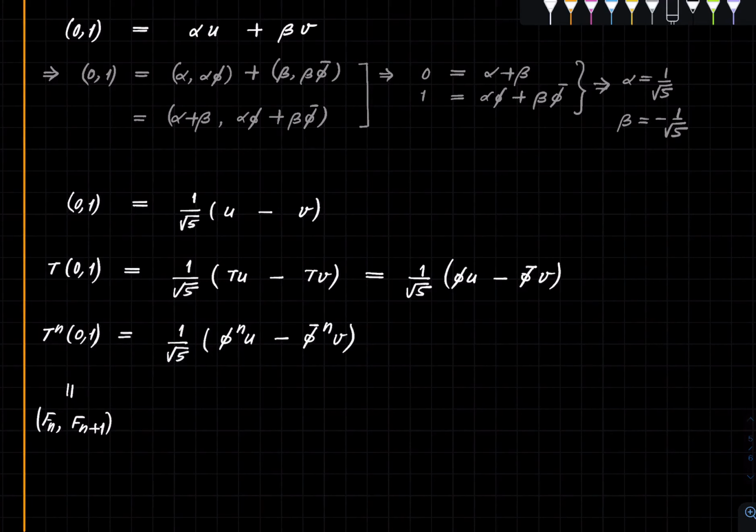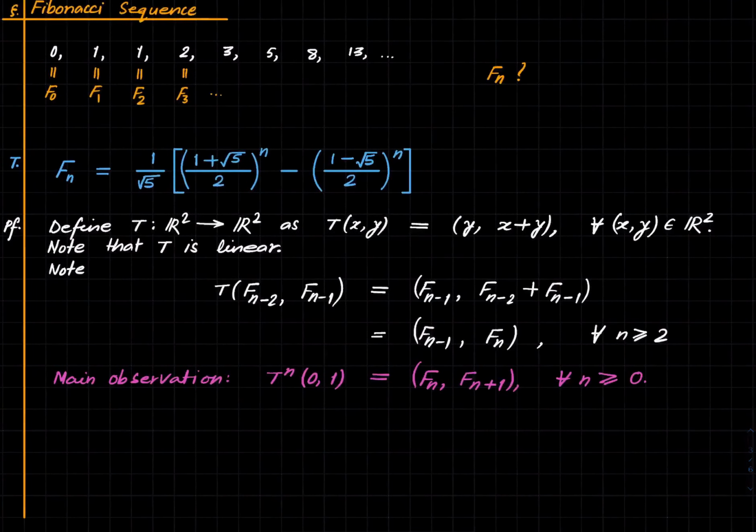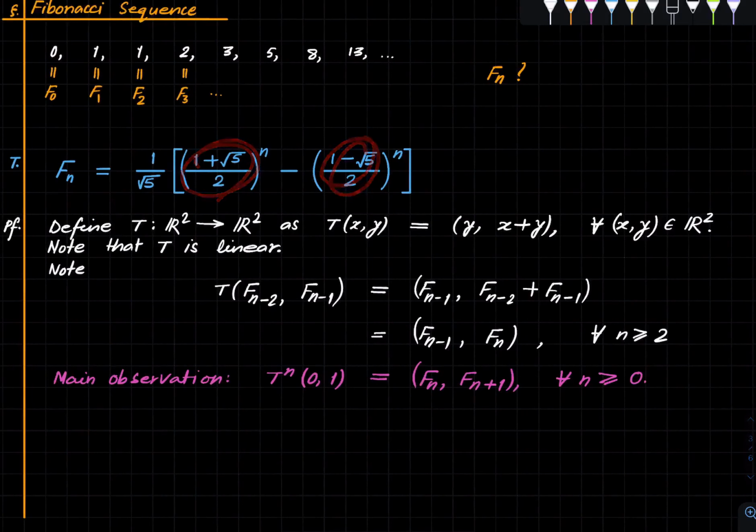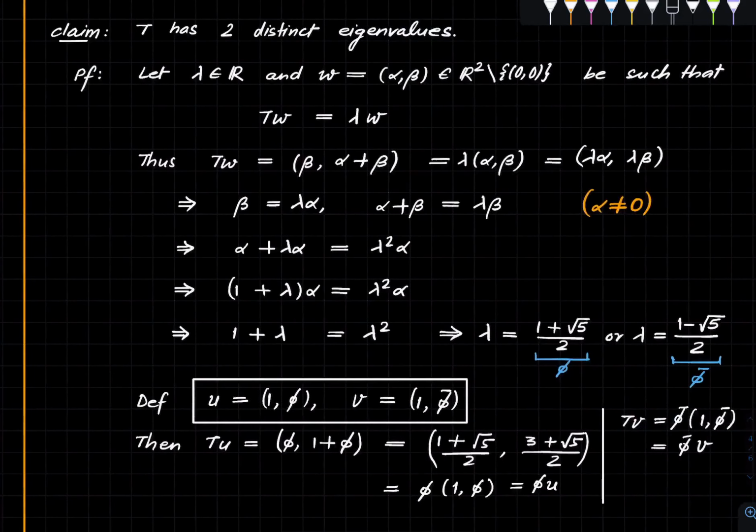So it says that f of n is 1 upon root 5 (phi to the n minus phi bar to the n), because we are only interested in the first coordinate, and here we have a 1 in the first coordinate, so phi to the n comes here and phi bar to the n comes here with a minus sign, and that's it. So the expression for f of n is precisely what you see here, where this is phi and that is phi bar. So we have obtained what we wanted.